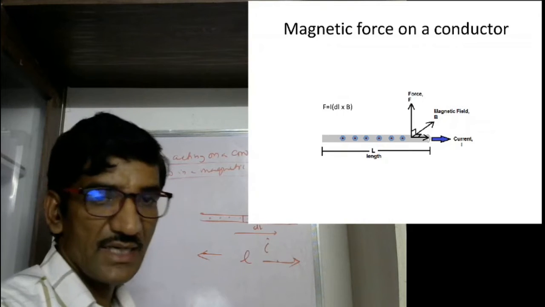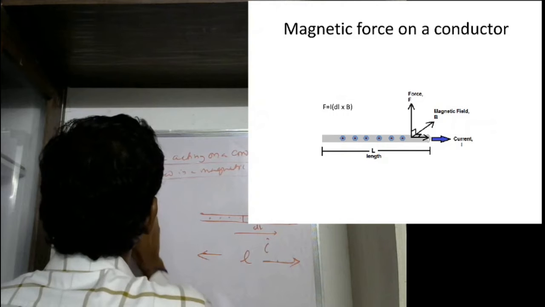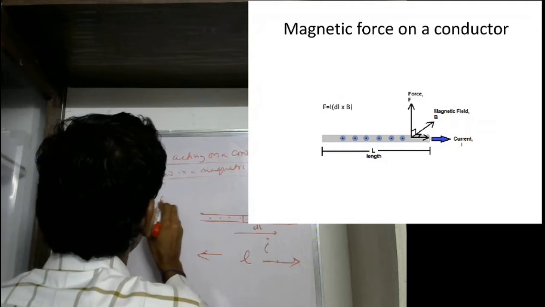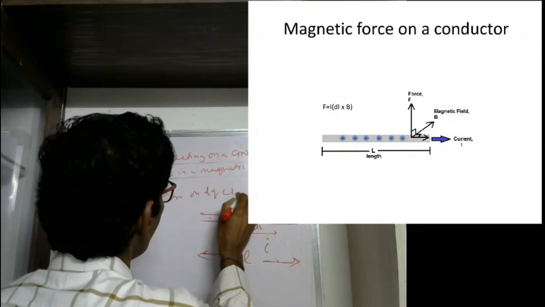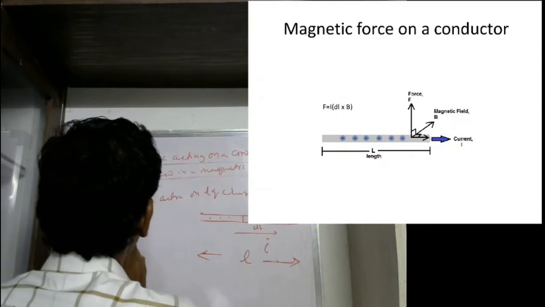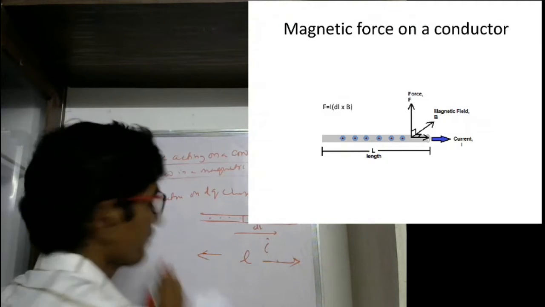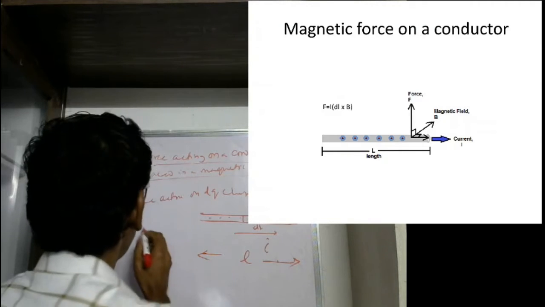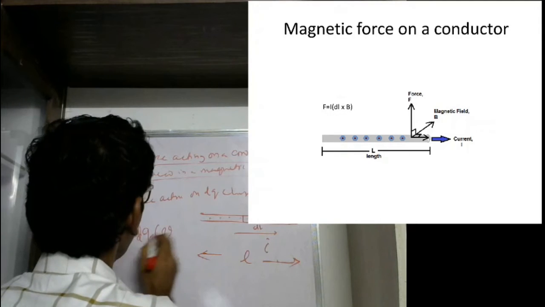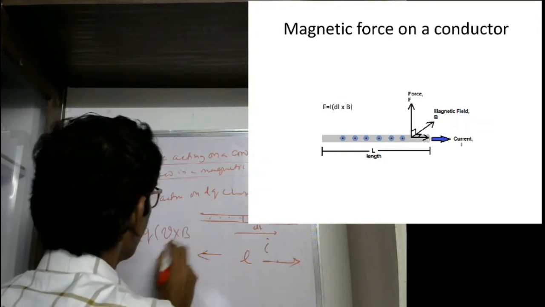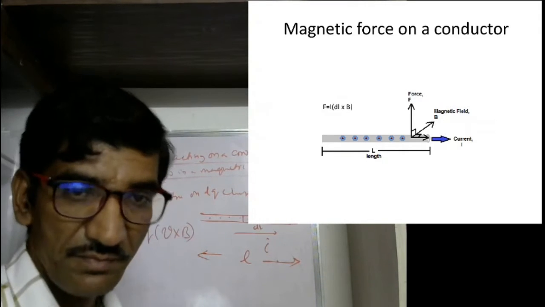The force acting on dl is the force acting on dq charge. That means dF is equal to dq v cross B.